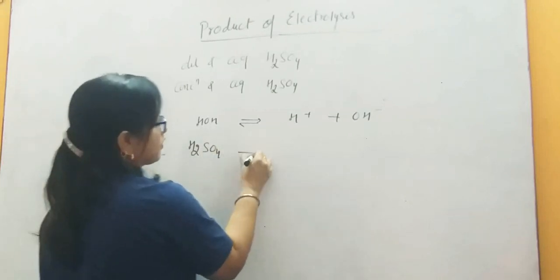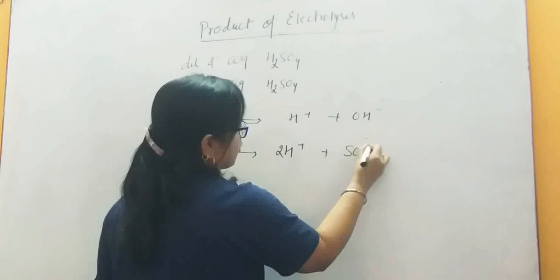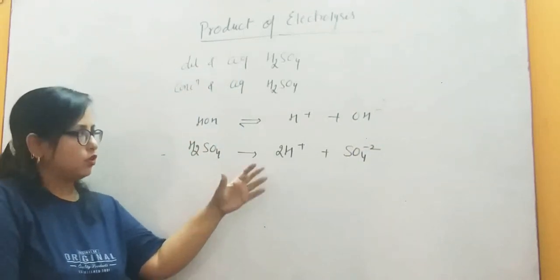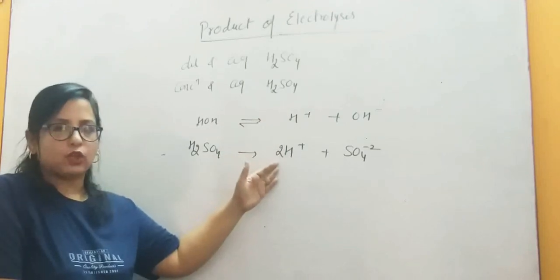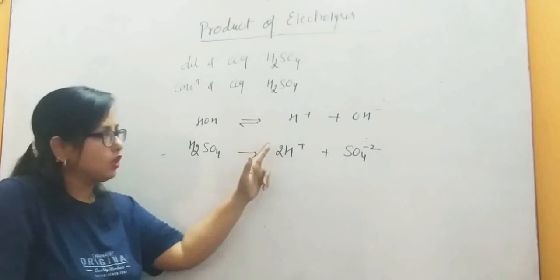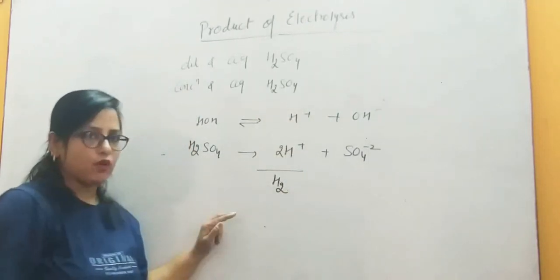H2SO4 makes H plus and sulfate ion. Now what will happen? The ions are common at the cathode, so hydrogen gas will be produced at the cathode in case of concentrated or dilute solution.